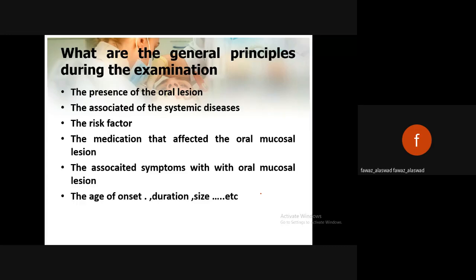The same applies to Addison disease, where we could demonstrate the presence of a pigmented lesion in the oral cavity before any other complication, for example decreased blood pressure or hypoglycemia of the patient.